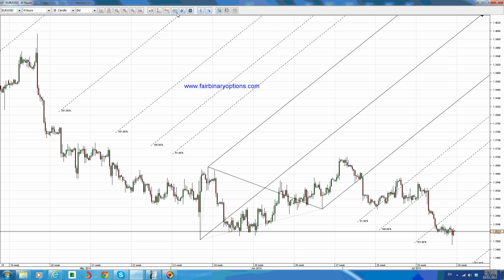Let's say that we want to buy call options here into support, right? Then the market stays here in the 4-hour chart for 1, 2, 3, 4, 5, 6 candles, so 24 hours. So these call options are to be bought from the lows here, either with an end of day expiration date or a couple of hours expiration date, depending.